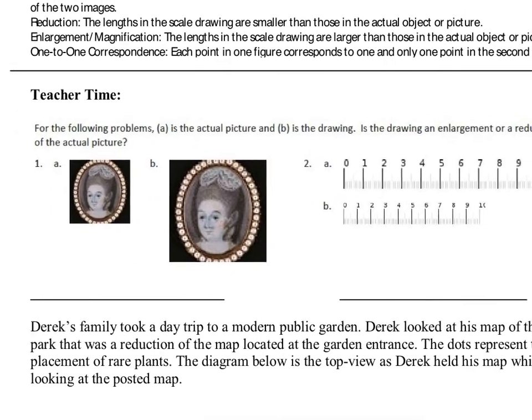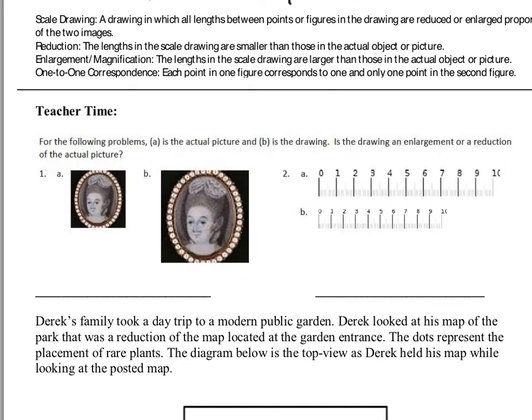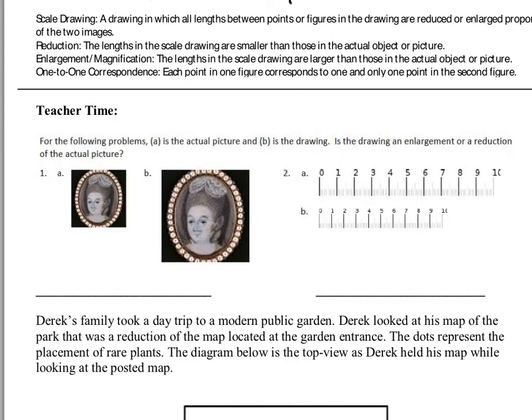The question asks us, for the following problems, is the actual picture A and the drawing B, is the drawing an enlargement of the actual picture or a reduction? So this is where our vocabulary comes in. We need to make sure we understand what the word enlargement means and what the word reduction means. Think about the etymology of those words. Enlargement, we see the word large as part of the base word there.